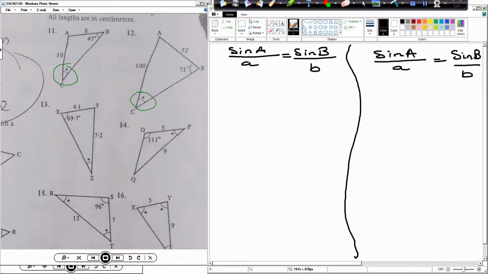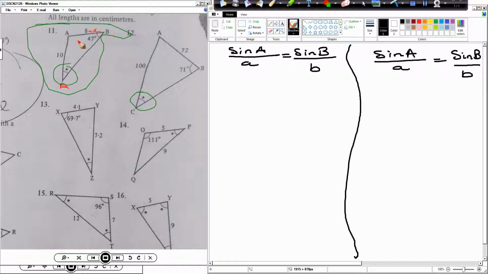Right, this is question number 11. What we said before, we can do a bit of relabeling. This angle that we're trying to work out, I'm going to call my big A, and this is my little a.